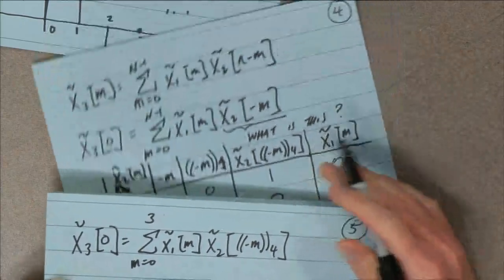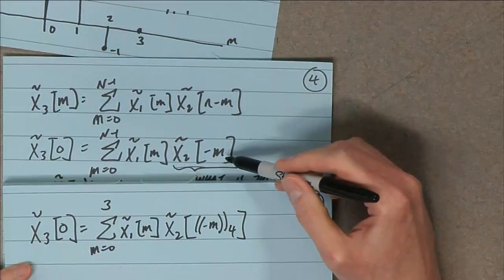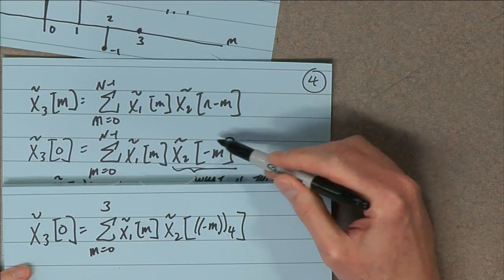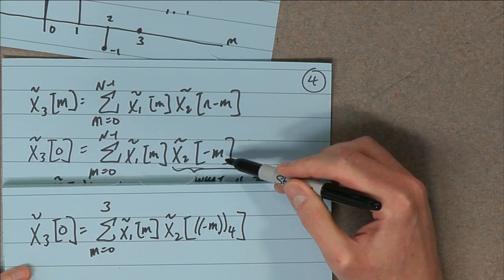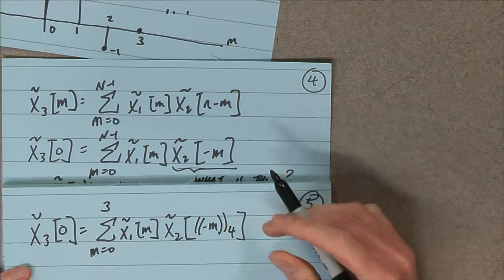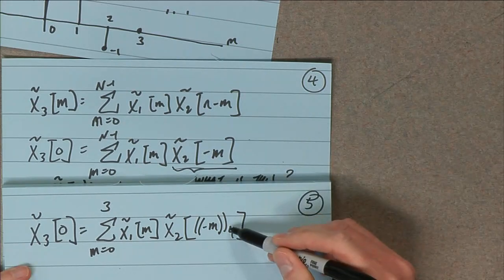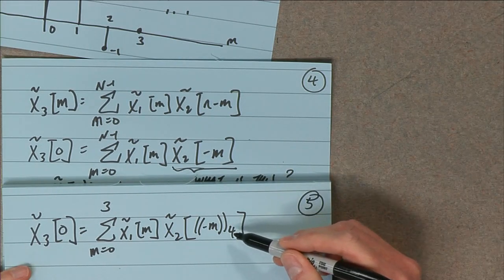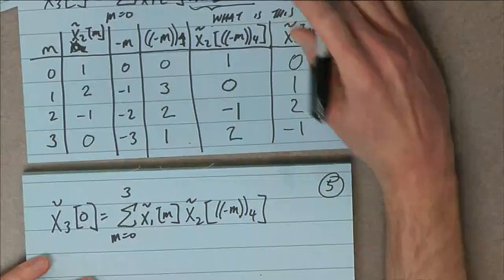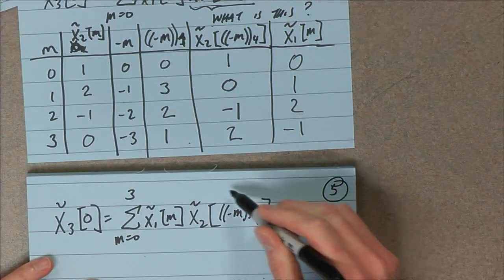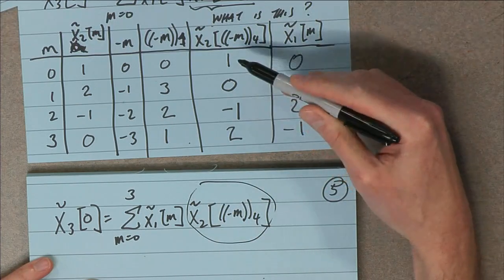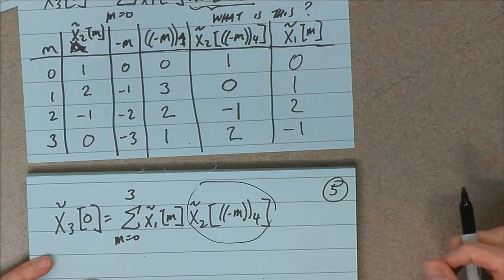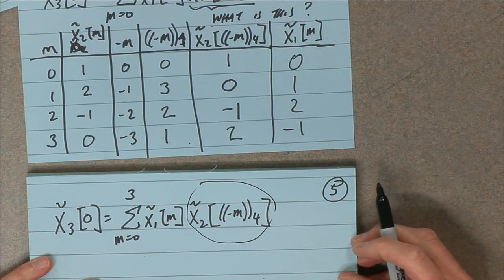When I write minus m here, it goes without saying that it has to be modulo 4, because everything exists between 0 and n minus 1. Here I'm being more explicit to remind you that we went through the trouble of making this table. Now I can replace everything with the entry in this table to make it easier to turn the crank as you get started. So that should make it easier.